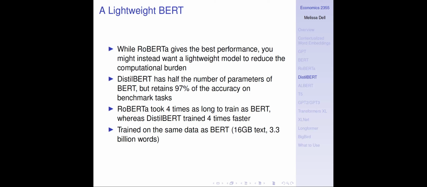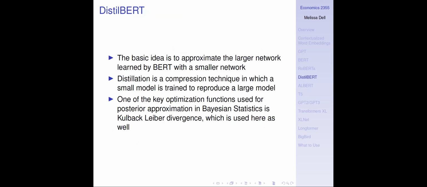Remember, RoBERTa is maybe 10 to 20% better than BERT. So there is a loss in accuracy with DistilBERT, but it's a lighter weight model. It only has half as many parameters. RoBERTa took 4 times as long to train as BERT, whereas DistilBERT trained 4 times faster. It was trained on the same data set as BERT, so the more modest amount of text.